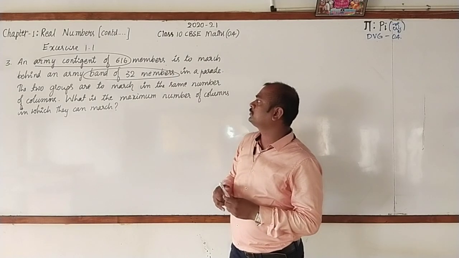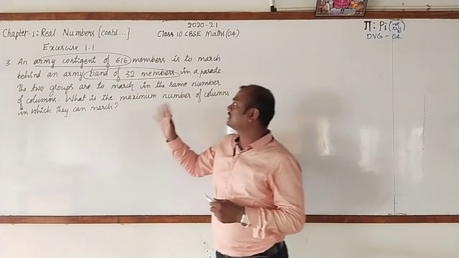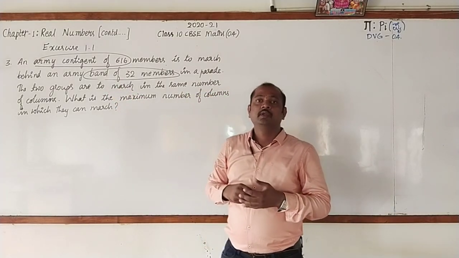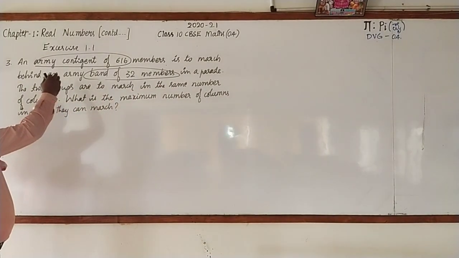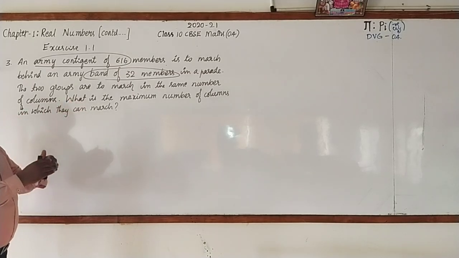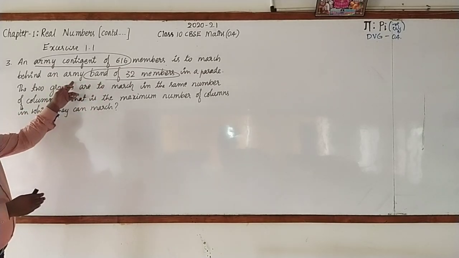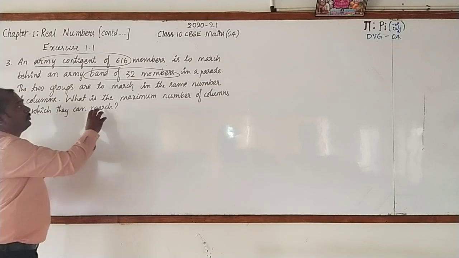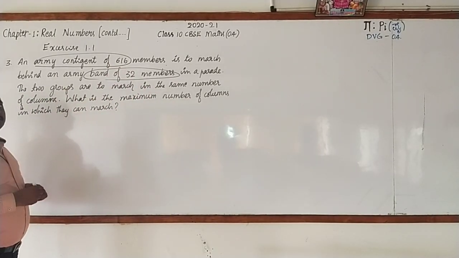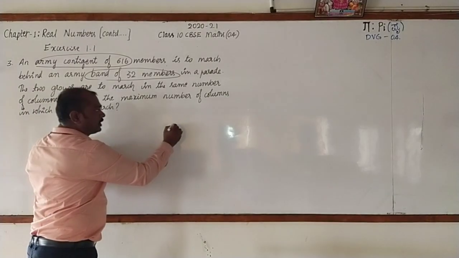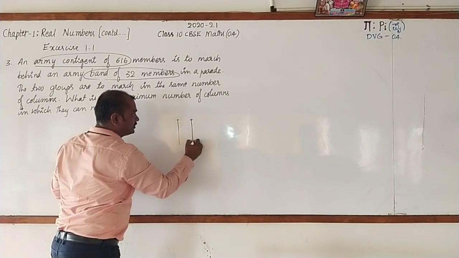Here they have given two groups. One is the army contingent and the second one is the band group. Here the army contingent should move behind the army band group. Then what should be the maximum number of columns in which they can march? Here you can go for taking just two columns.